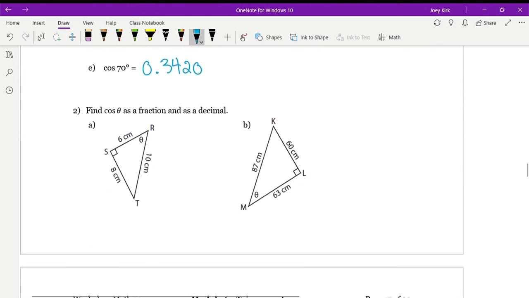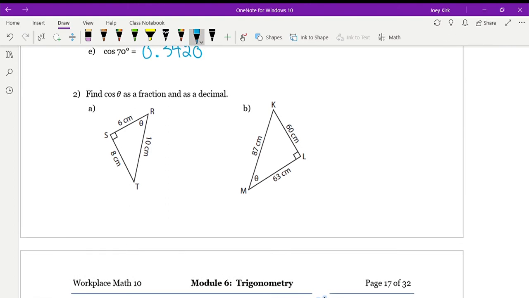So let's do our last step here. Find cos of the angle as a fraction and as a decimal. Same triangle, even. Angle of interest, opposite side, hypotenuse. The labels don't even change because the angle of interest is in the same place.